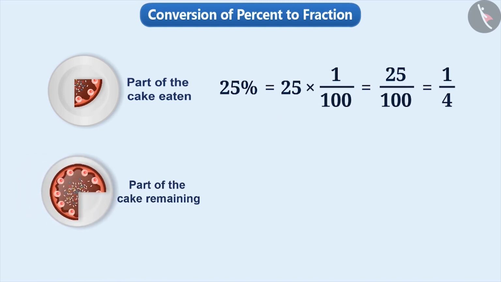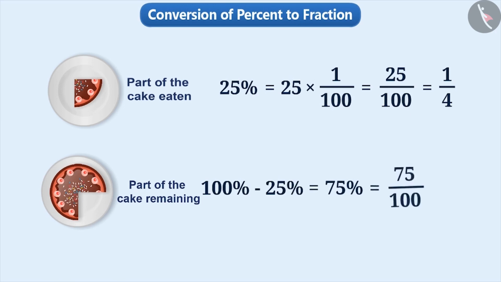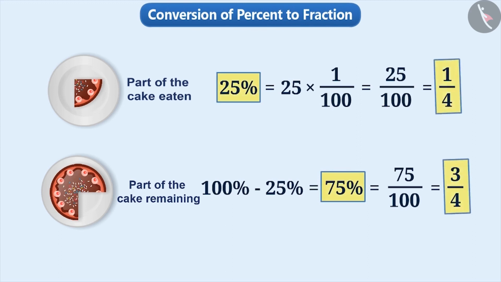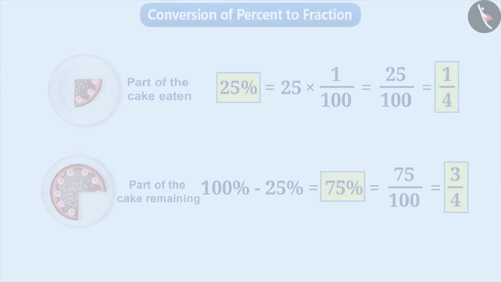Similarly, remaining part of the cake is equal to 100% minus 25%, which is equal to 75%, that is 75/100 or 3/4. So, to express percentage in fraction, first we will find the value of percentage, then express it in the form of the corresponding fraction.